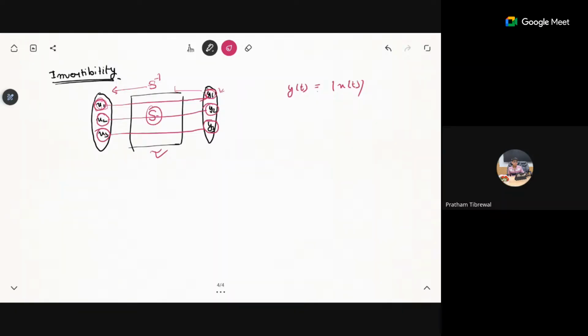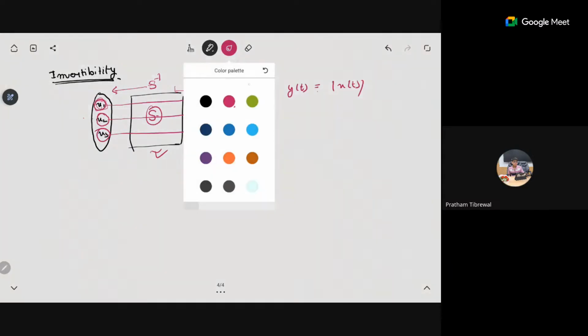Okay, everybody is agreeing that it's invertible. Okay, let's find out. Ma'am, since the system is linear, it is invertible only. Yes, linearity is okay, but we have to very carefully look into this condition as well.